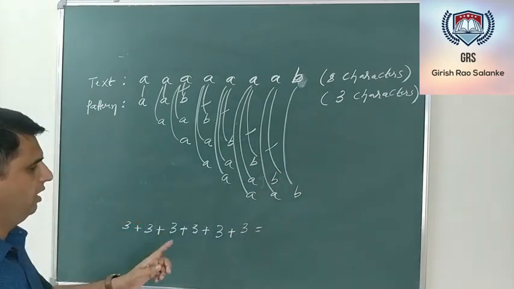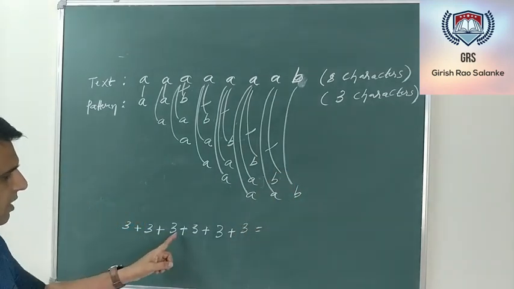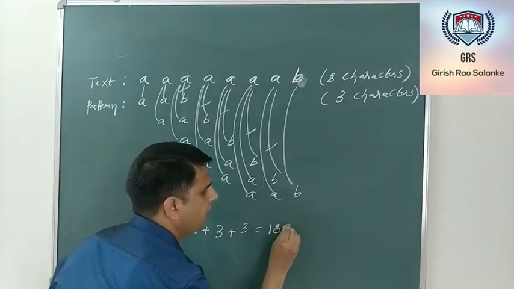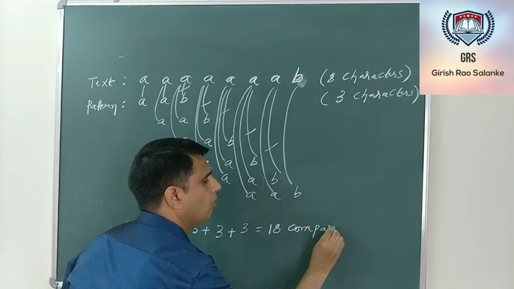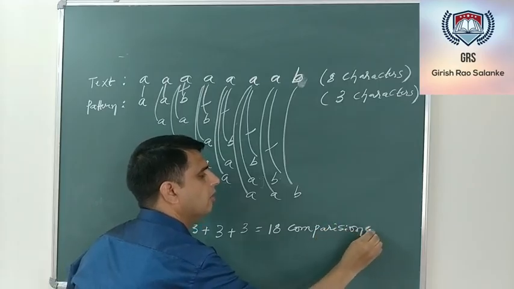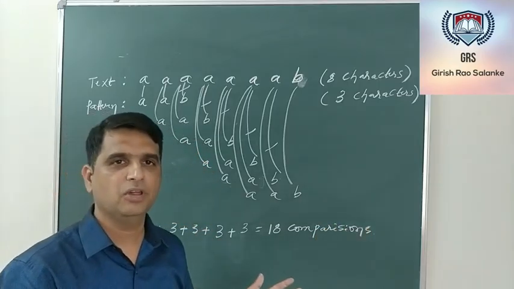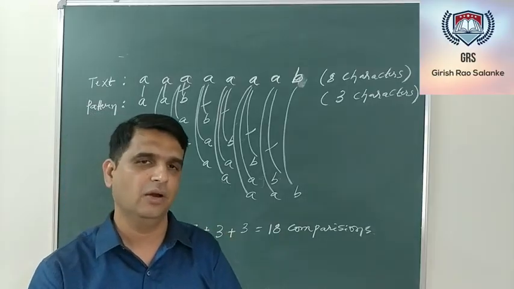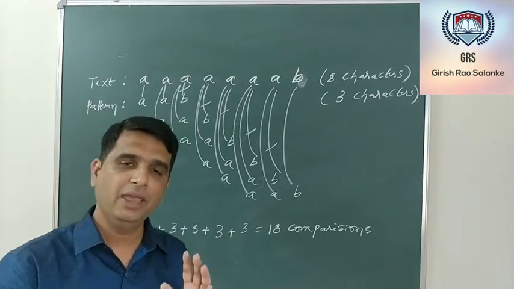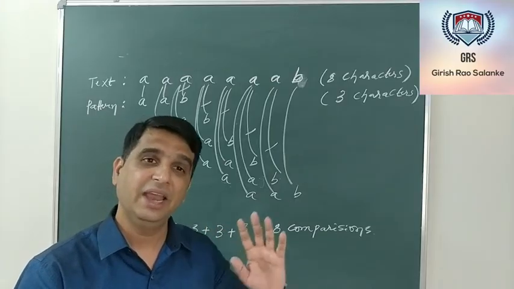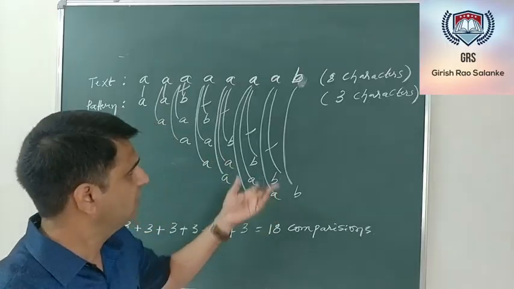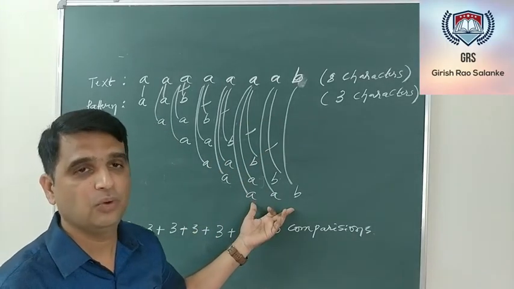Please check the number of comparisons that we have done. 3 plus 3, 6, 9, 12, 15, 18. 18 comparisons. In my earlier case, the number of comparisons was 8. Please note that the worst case scenario of the naive string matching algorithm is not only when my pattern is there at the end of the string. In this case, the condition is true, but it is not the only condition.